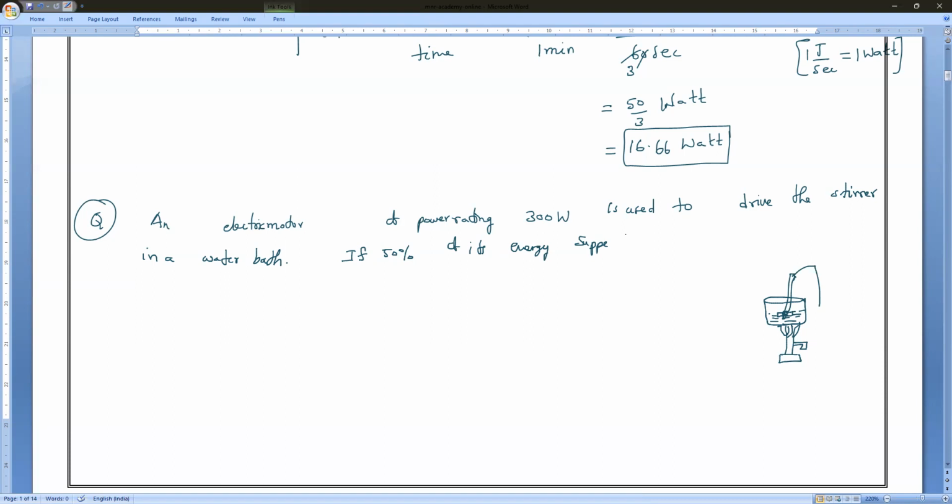50% of energy supplied to the motor is spent in stirring the water. Calculate the work done.